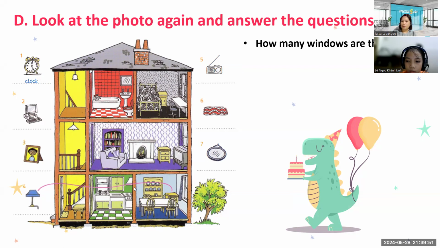Now here, where are the windows? The windows are in the bedroom, dining room, and living room. Very good.